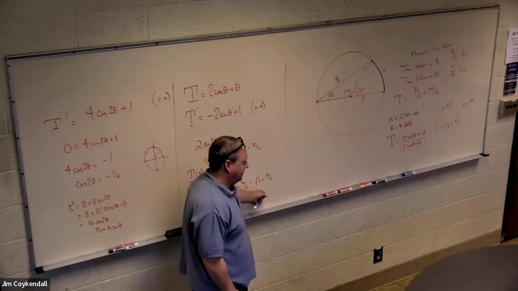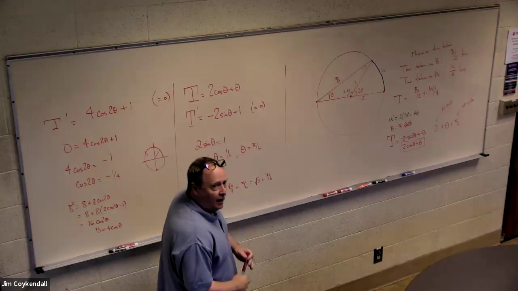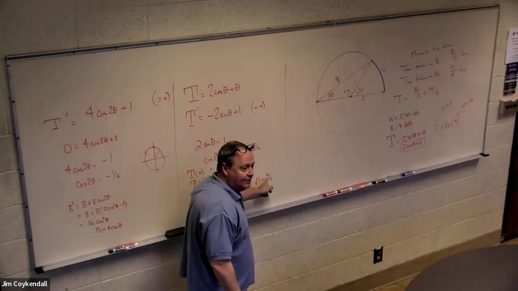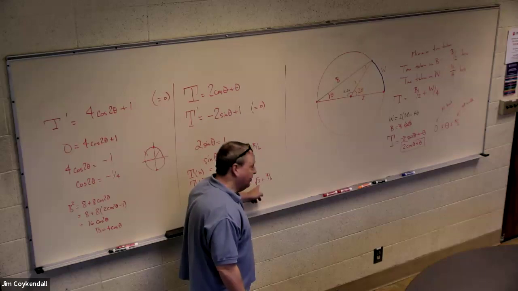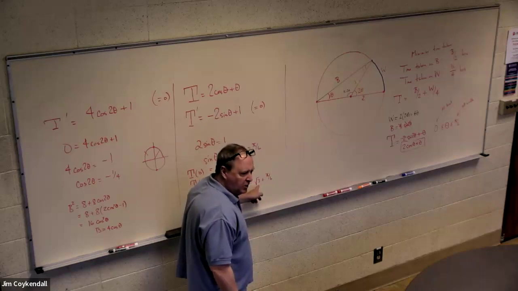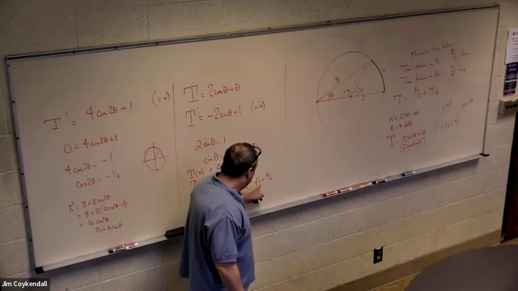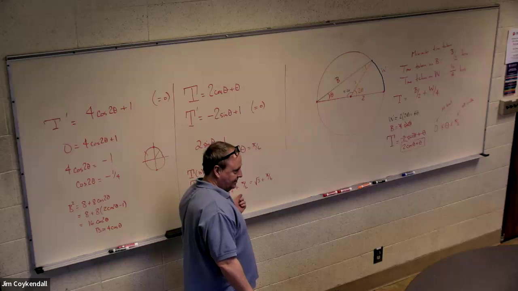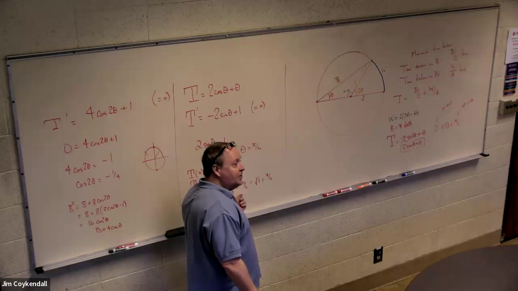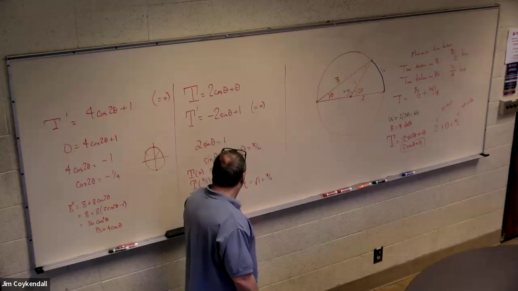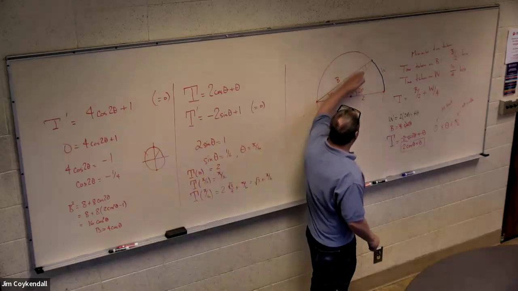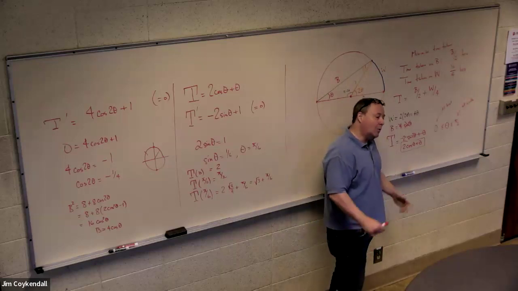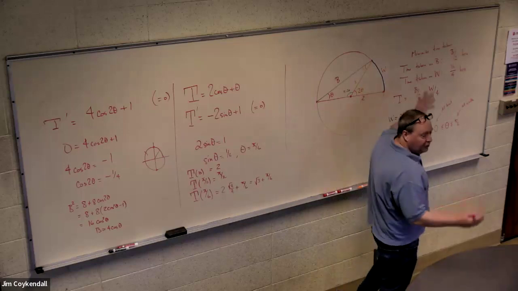You may not have a calculator, but everybody agree this is more than 0.5, and this is more than 1.7. So 1.7 plus 0.5 is 2.2. What actually happened here? That's right, this is the maximum time. So if you want to get in your boat and go at pi over 6 and then get out and walk, that actually takes the most time. What we're looking for is the least. What should you do? You should walk.